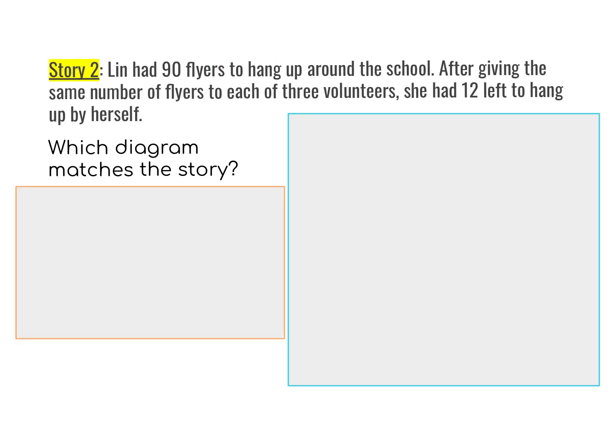Okay, story 2 is Lynn had 90 flyers to hang up around the school. After giving the same number of flyers to each of 3 volunteers, she had 12 left to hang up by herself. So obviously, if the first story is diagram B, that leaves diagram A for story 2.